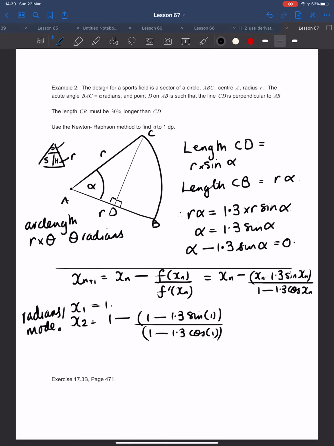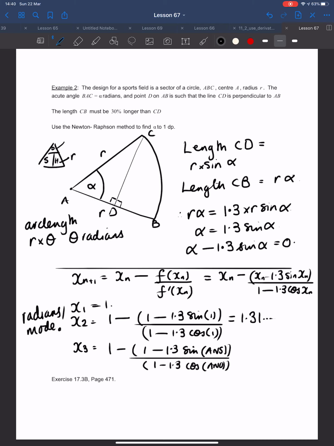Calculator in radians mode. And have I got the same as the book? Theta 1 is 1 radian. Yep. We call it x1 is 1 radian. x2 is 1.31... is what they've got there. And then if you do the same for x3, you do 1 minus 1.3 sine answer, divided by 1 minus 1.3 cos answer.